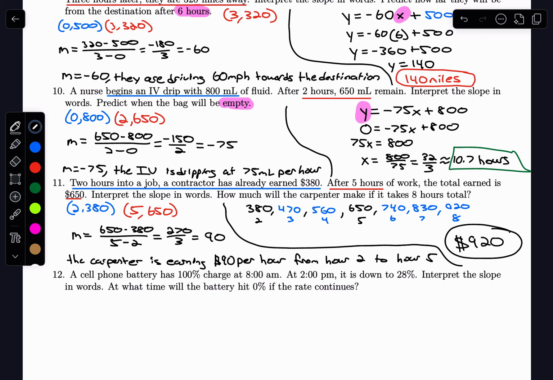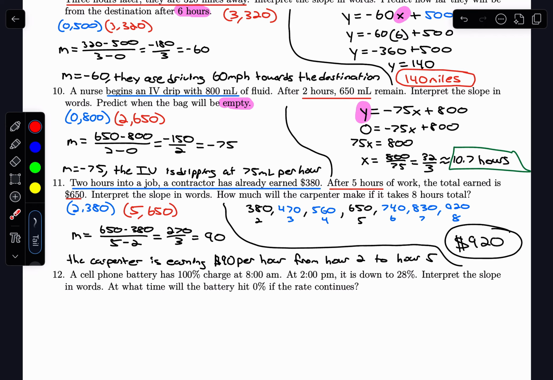So what if instead of 8 hours total, it was like 100 hours total? How would you have calculated this instead? Well, we just have to think back to sequences and think how many times did we have to add $90? To go from hour 5 here to hour 8, we had to add 90 1, 2, 3 times. Notice that 8 minus 5 is 3.